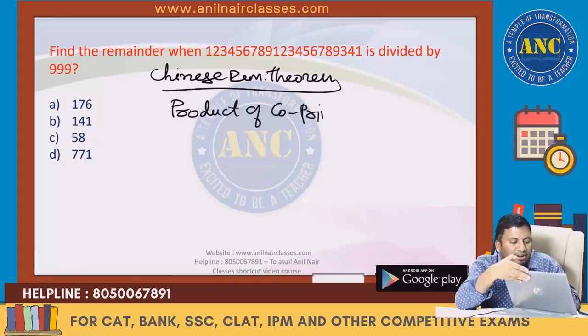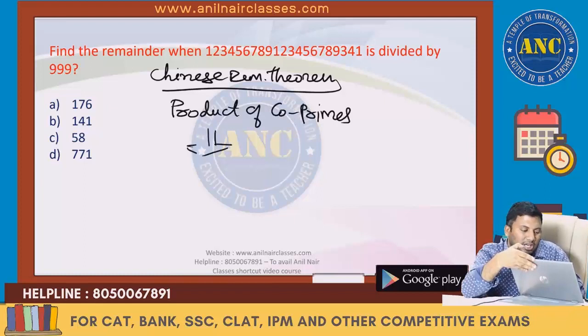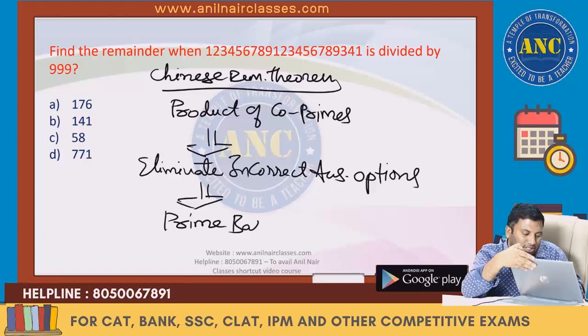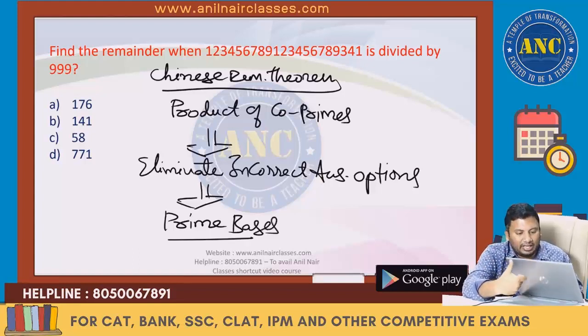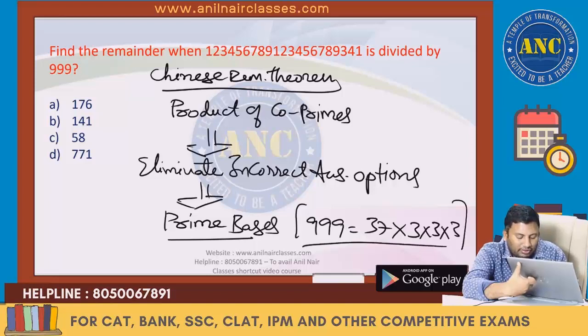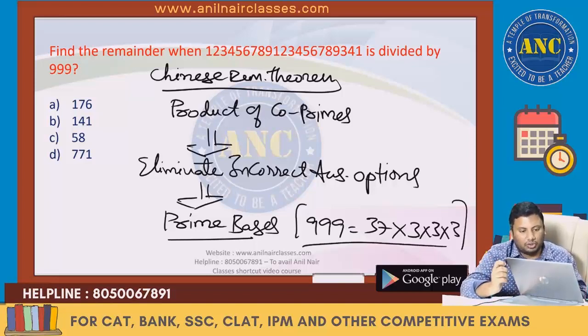The corollary of Chinese remainder theorem says, to eliminate incorrect answer options, take the prime basis. Now see here. If I take the prime basis, 999 is 37 into 27, which is 37 into 3 into 3 into 3.